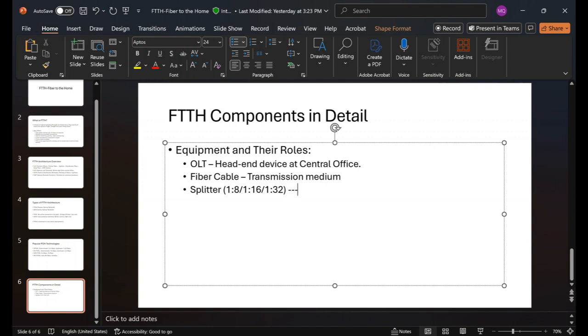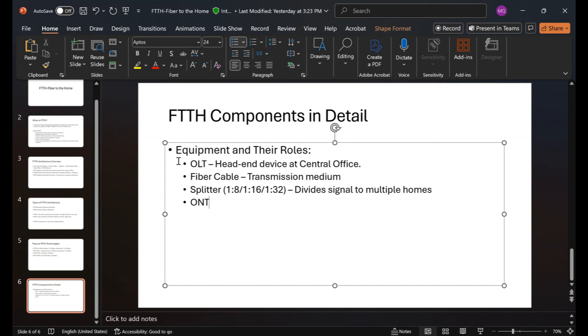And its role is divides signals to multiple homes.